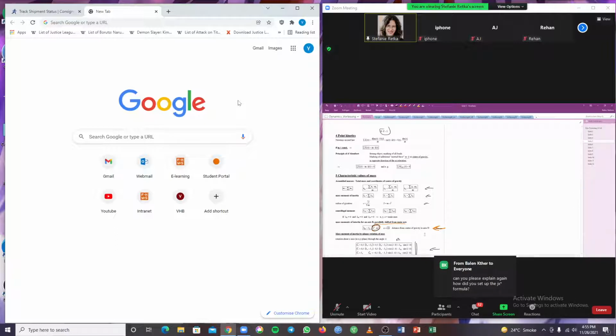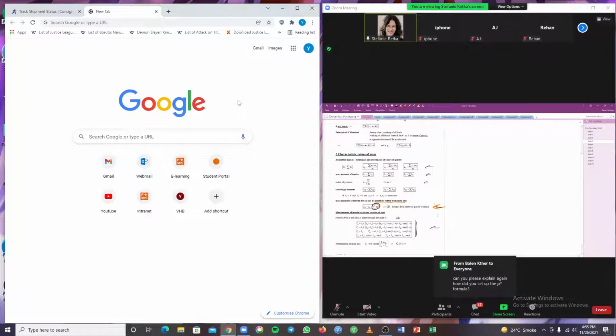Where's my mouse? Here. So here it says that they are 0 if our coordinate system is positioned in the center of gravity and our axis correspond to our main axis.